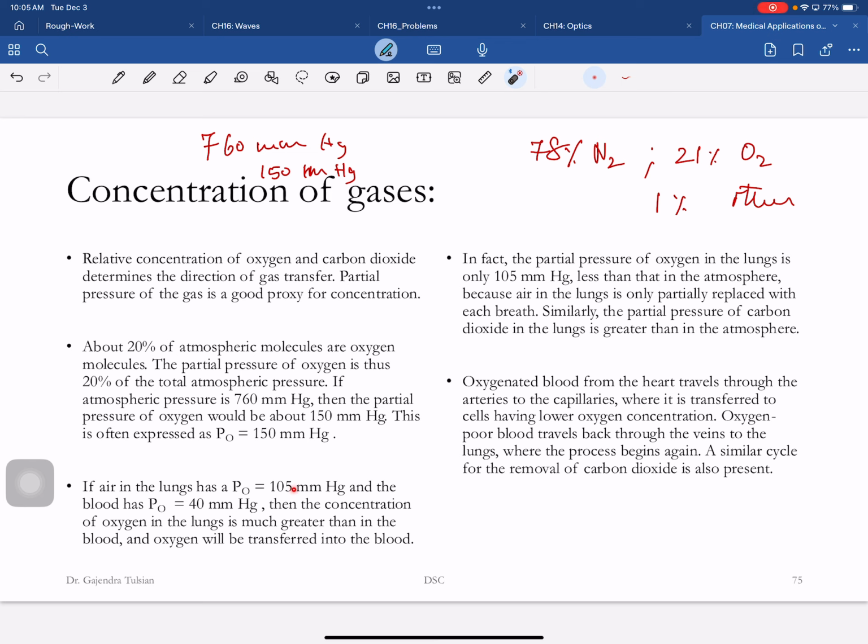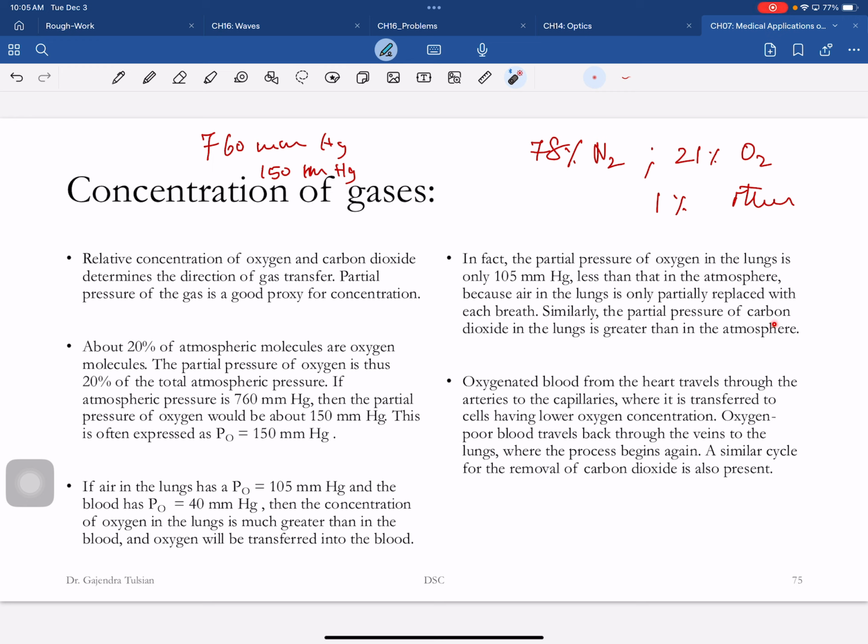So you see the concentration in the alveoli is much higher than in the blood, and oxygen diffuses from the alveoli to the capillaries. The partial pressure of oxygen in the lungs is only 105 millimeters of mercury and not 150, because air in the lungs is only partially replaced with each breath.